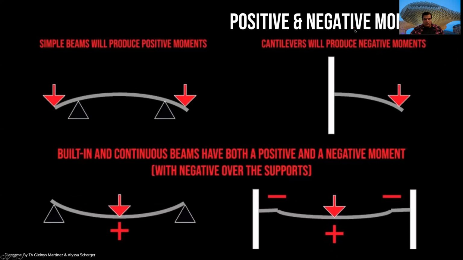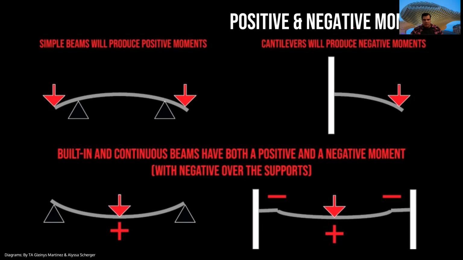And well, that will make the beams have moments, and the moments can be positive or negative. Why? Because we can have forces that make the beam look like a sagging curve, and others that will make the beam look like a smiling curve.